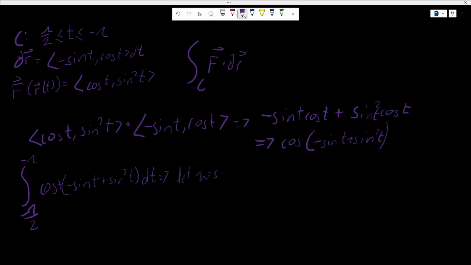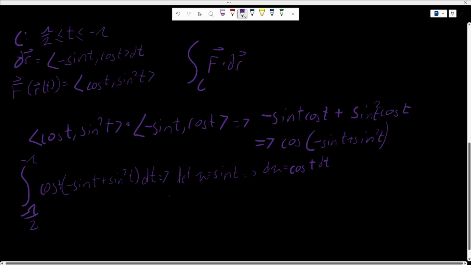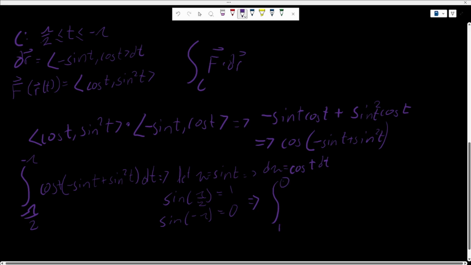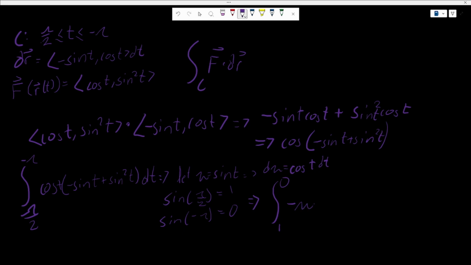Let u equal sine t, making du equal to cosine t dt. Now let's change our bounds. Sine of pi over 2 is equal to 1, and sine of -pi is equal to 0. So our new integral goes from 1 to 0, and after performing our u substitution, we're left with the integral of negative u plus u squared du.